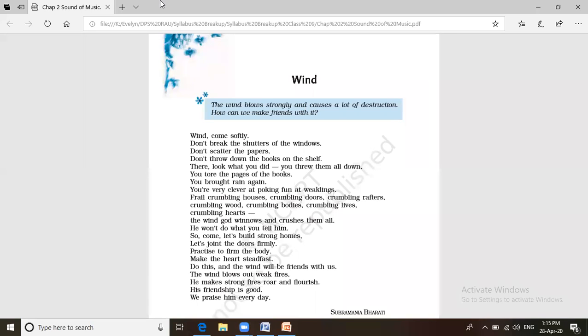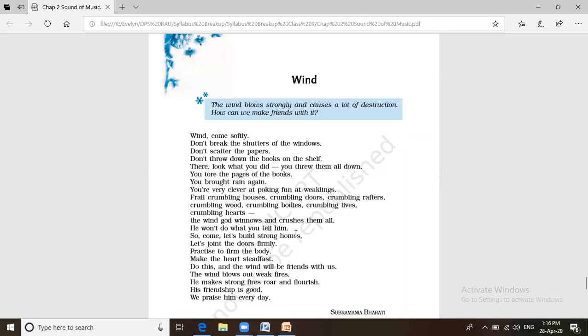Okay. So these lines mean that... I don't know the meaning of frail. Weak. The weak houses are crumbling, meaning shaking, and doors are shuttering. The rafters are rafters. What are these?